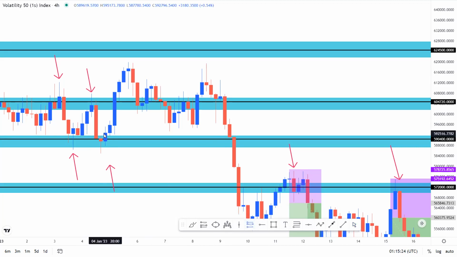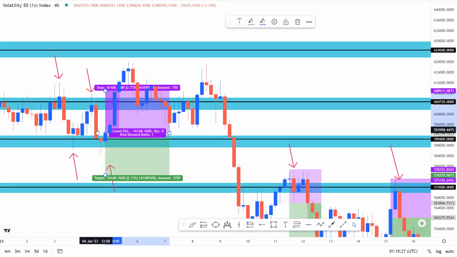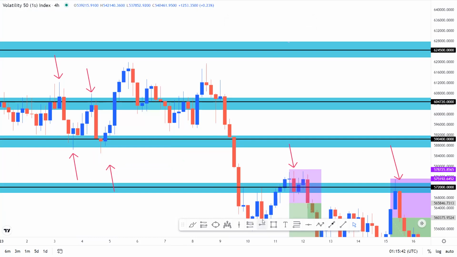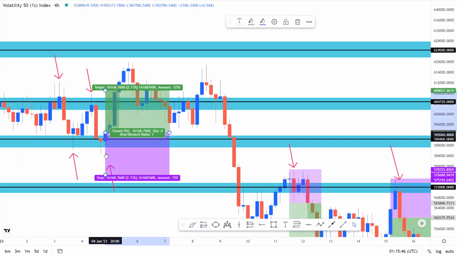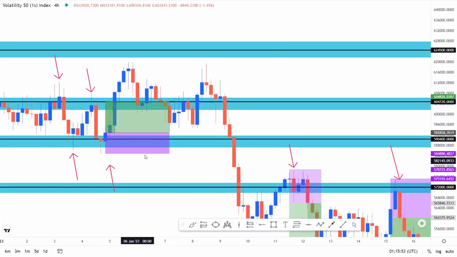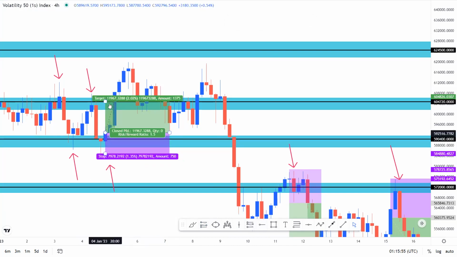If you had waited for extra confirmation at the formation of the momentum candlestick after the close of the rejection, that still would have given you a nice entry confirmation to go long, and you had yourself a nice trade.